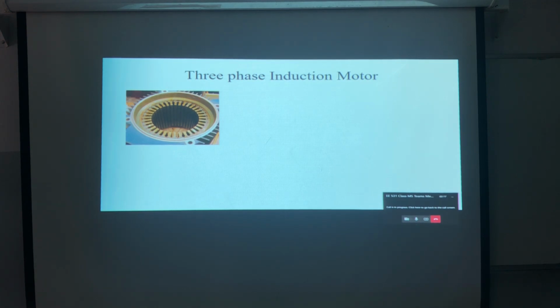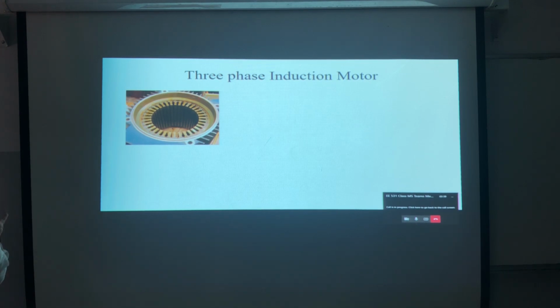Here is no exception, which means that I will have a stator. This is a picture of the stator. You can see what? Slots. In those slots, we will have windings. Those windings should be distributed in space such that the angle in between is what? 120 degrees. Why 120 degrees? Because it's a 3-phase system.